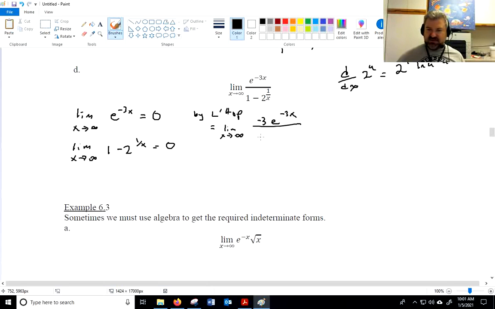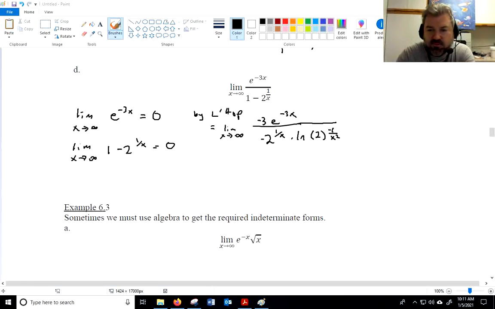So this becomes negative 2 to the 1 over x times the natural log of 2 times u prime. And the derivative of 1 over x would be negative 1 over x squared, because that's x to the negative 1, so it becomes negative 1 times x to the negative 2.